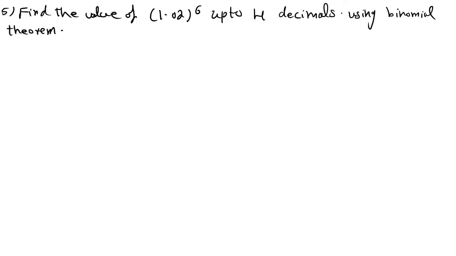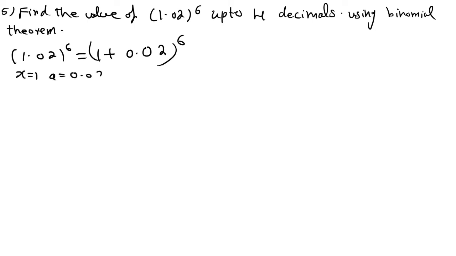See the next question. Find the value of 1.02 to the power 6 up to 4 decimals using binomial theorem. Again, see in this question you can write 1.02 to the power 6 equal to 1 plus 0.02 to the power 6. Don't write 0.2 here. See 1.02. Okay, now expand this one. See x value equal to 1, a value equal to 0.02, index value equal to 6.